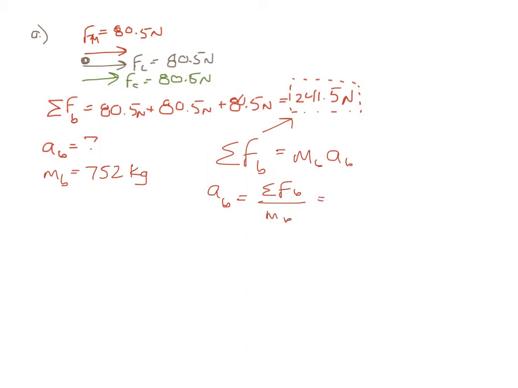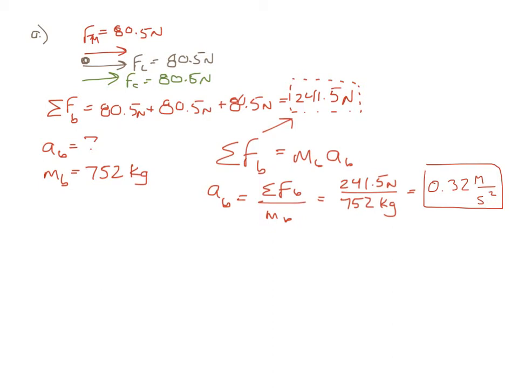Our net force is 241.5 newtons, and it has a mass of 752 kilograms. That leaves us with an acceleration value of 0.32 meters per second squared. That is our acceleration of the boat.